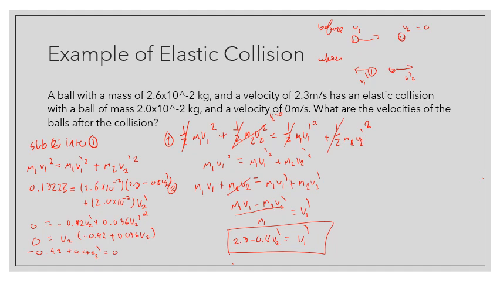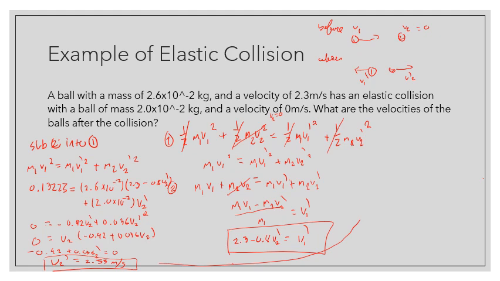If we rearrange to find v2 prime, we find that v2 prime is equal to 2.55 meters per second. Because this is quadratic, we needed to factor it, and this is one of the factors. The other factor is 0, so this one makes more sense.